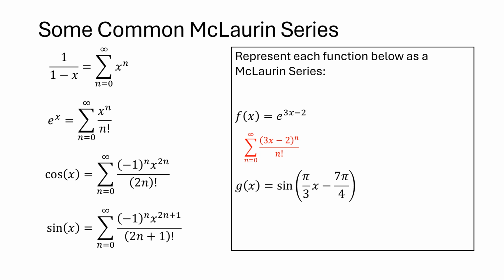Then, for sine of (pi over 3)x minus 7 pi over 4, just take the series for sine and replace x with that. And so we get the sum n equals 0 to infinity of negative 1 to the n, times (pi over 3)x minus 7 pi over 4, to the 2n plus 1, over 2n plus 1 factorial.